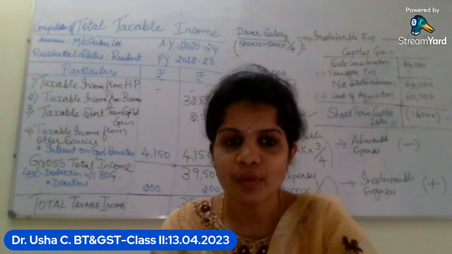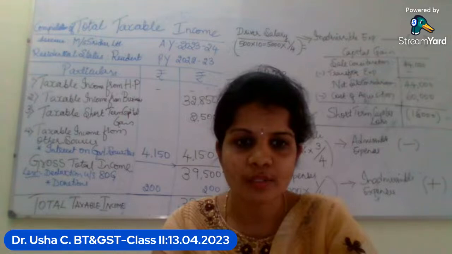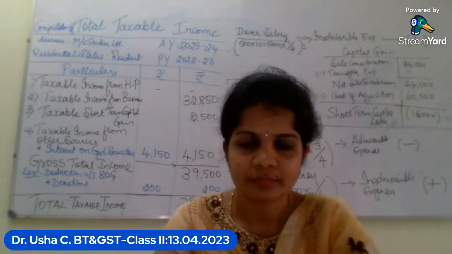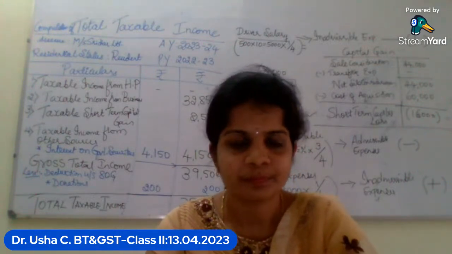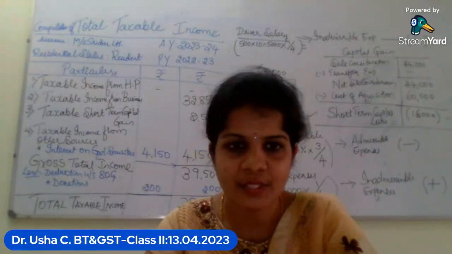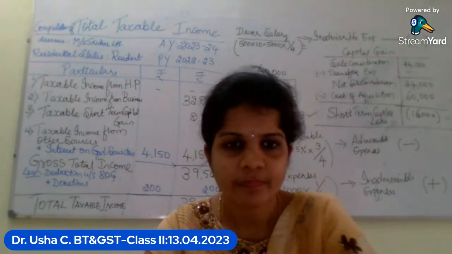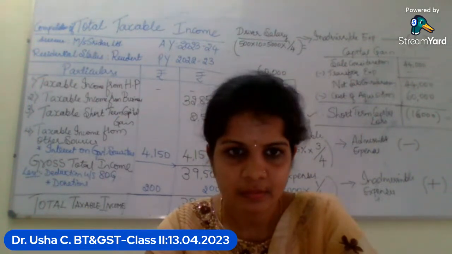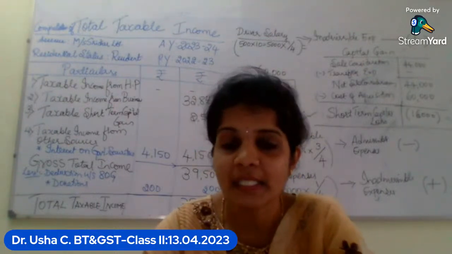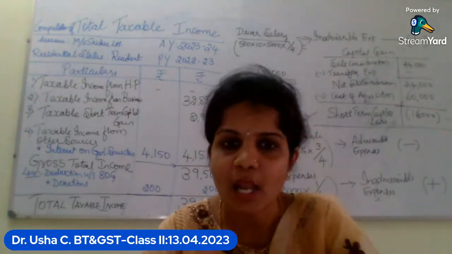Now you know the business income, and you also know the capital gain calculation. So this capital gain calculation, whatever I have shown here, you can take that as a loss.